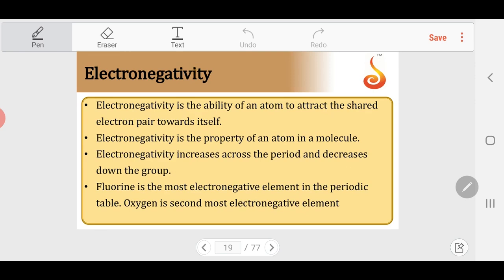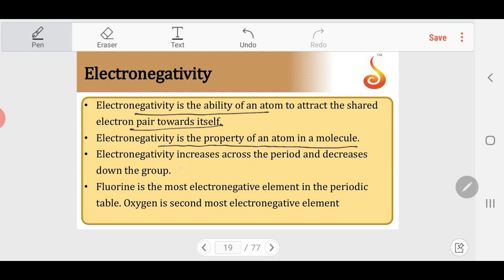Then electronegativity. Electronegativity is the ability of an atom to attract a shared electron pair towards itself. So electronegativity is a property of an atom in a molecule. So far, whatever we discussed are absolute properties of an atom, but electronegativity is a property of an atom whenever it is bonded to another atom.